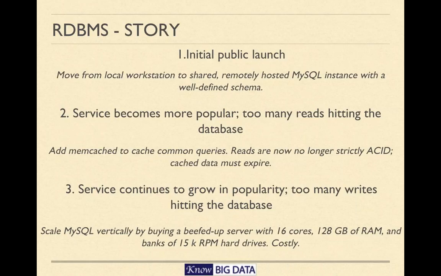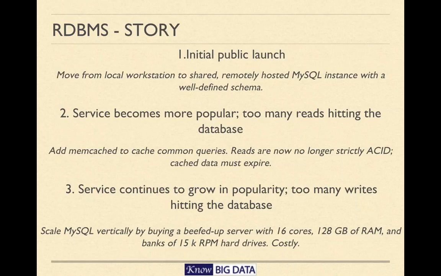Instead, you just query memcached to get the full object and give it to the user. And memcached is faster because it has everything ready in memory. Now, what happens when you add a caching layer? You add inconsistency. It happens because your reads are no longer strictly ACID.